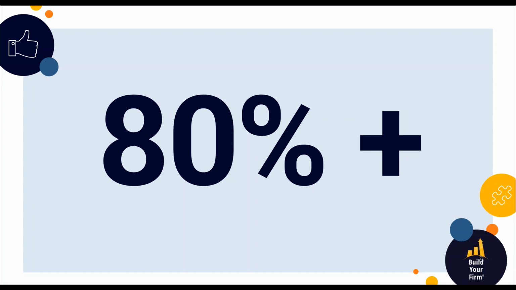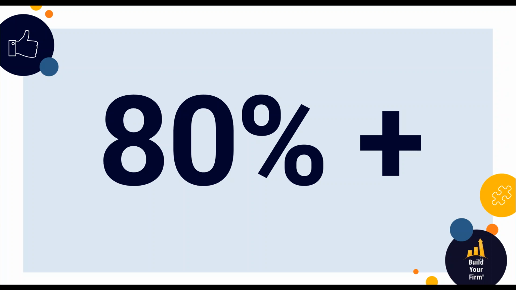We also know that many accounting firms fail to capture those new leads because they're struggling to break through the clutter and get found online, which I'm sure is part of the reason why you're listening to today's webinar. So certainly having a website with Build Your Firm is a great step, because what we do for our websites that a lot of other website providers don't do is employ powerful SEO to help you rank higher in search engines, which is just going to make it a lot easier for you to get found.